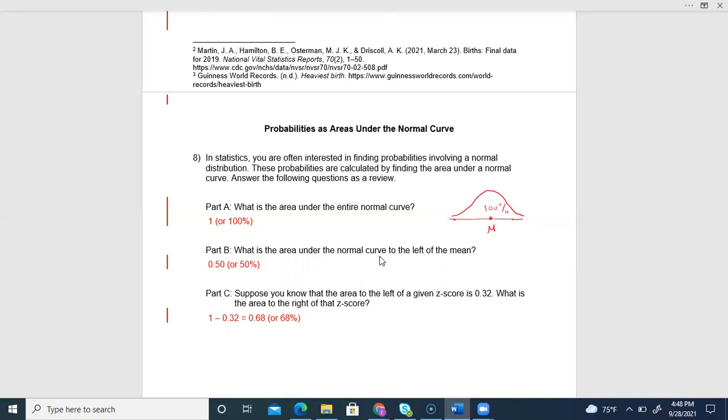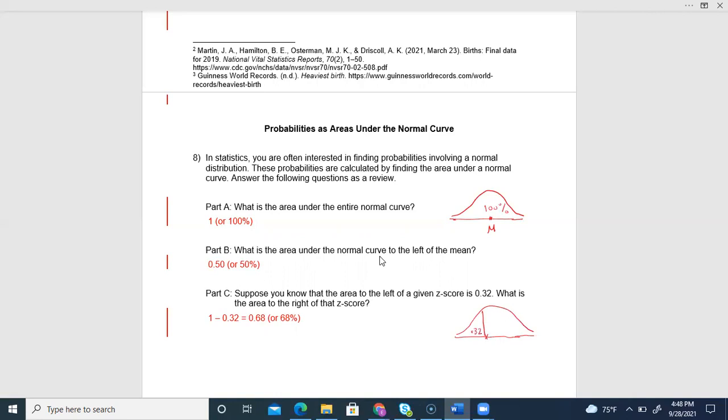Part C: suppose we know that the area to the left of a given z-score is 0.32. What is the area to the right of the score? Anytime you have a standard normal distribution and a given z-score, say the area to the left is 0.32, we know that the total area under the curve is 1.